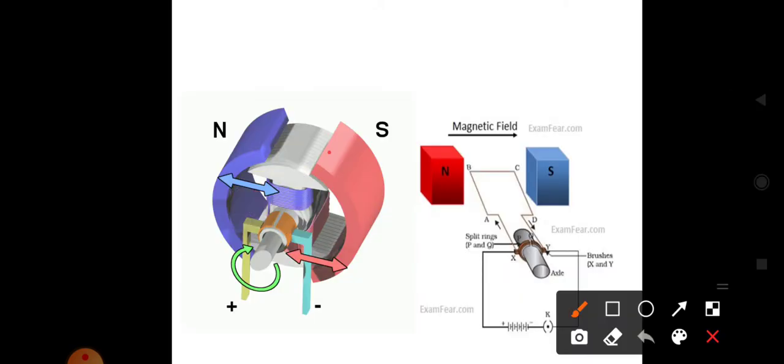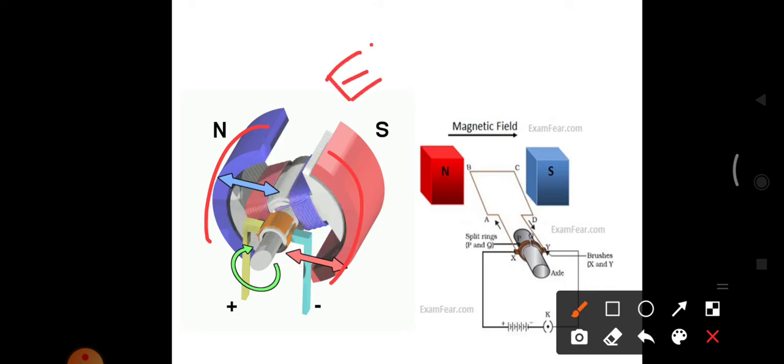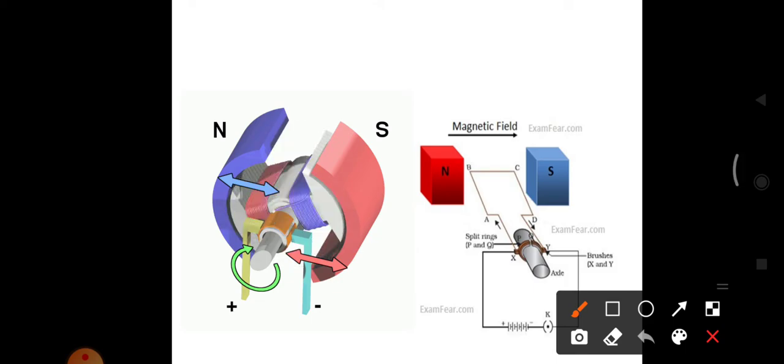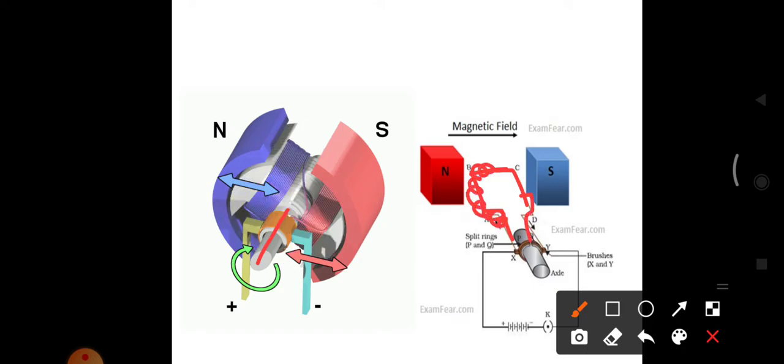So instead of this permanent magnet, we can use an electromagnet. Second, a large number of turns of the conducting wire in the current carrying coil. In the center, this current carrying conductor consists of a large number of turns.